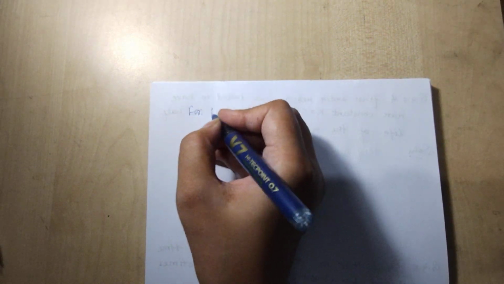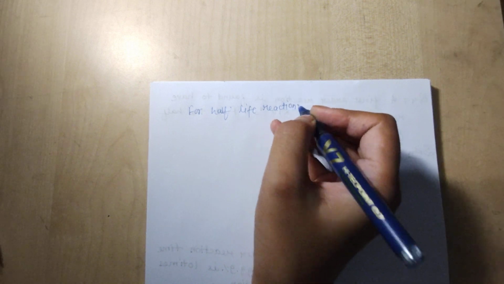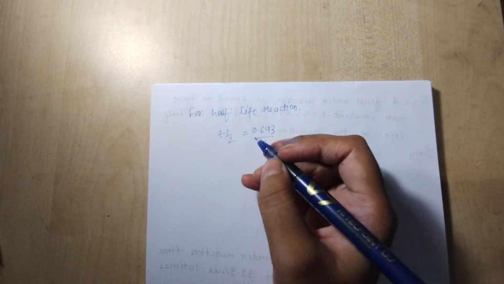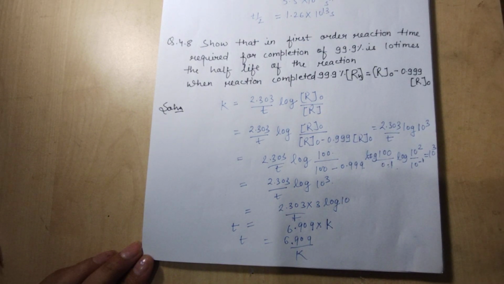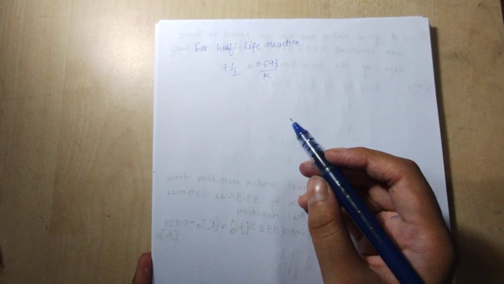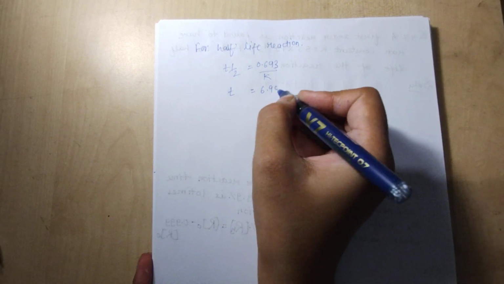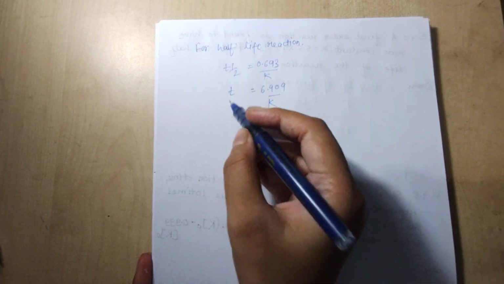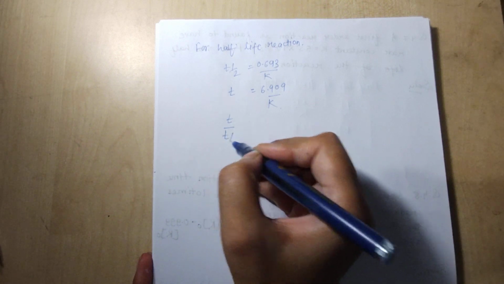So for the half-life of a first order reaction, T half is equal to 0.693 upon K, and here the time we have calculated is 6.909 upon K. So equating both the equations, that is T is equal to 6.909 upon K and T half is equal to 0.693 upon K, we divide T by T half.